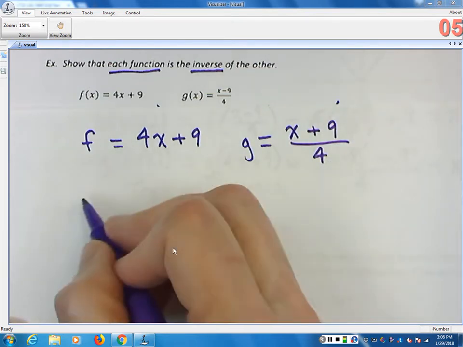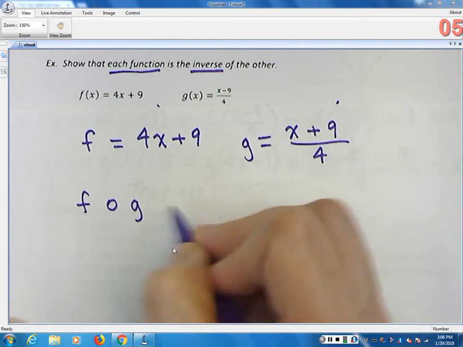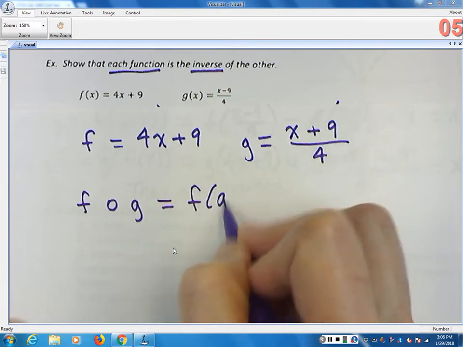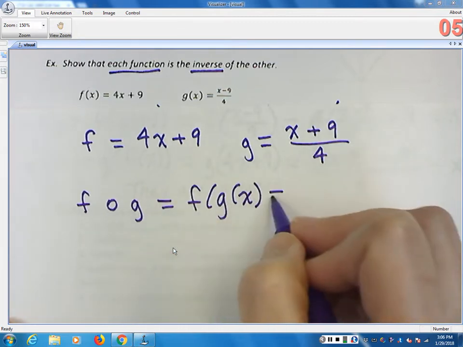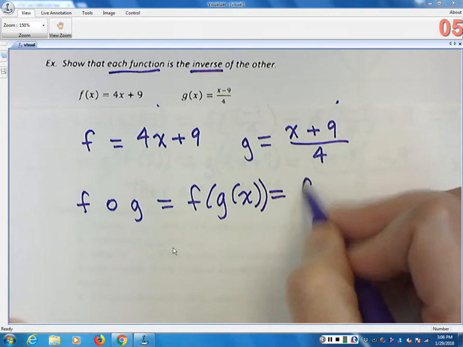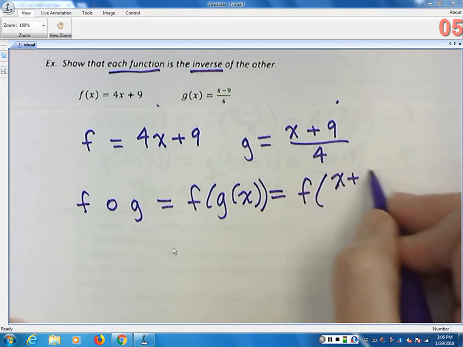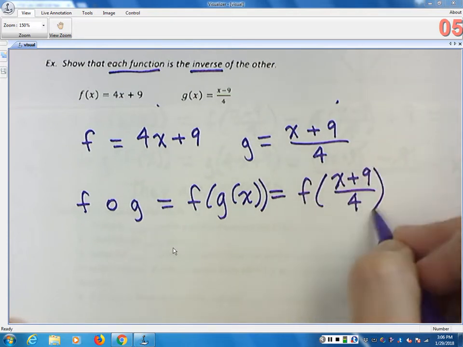Well, when you do f composite g, f of x plus 9, I just changed the problem and it's not going to work.